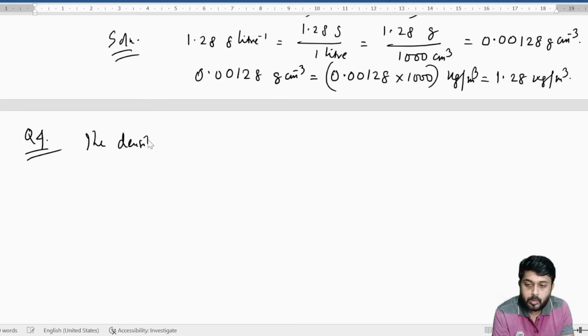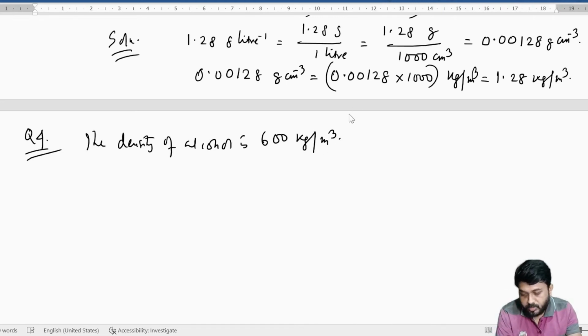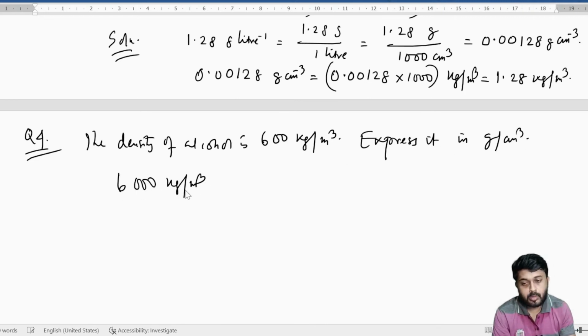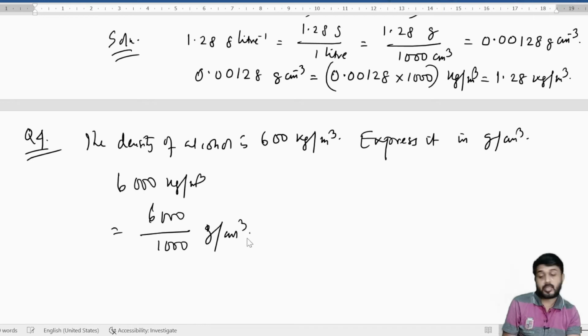All right, given the density of alcohol is 6000 kg per meter cube, express it into gram per centimeter cube. 6000 kg per meter cube is equal to 6000 divided by 1000 gram per centimeter cube, because gram per centimeter cube is equal to 1000 kg per meter cube, right?